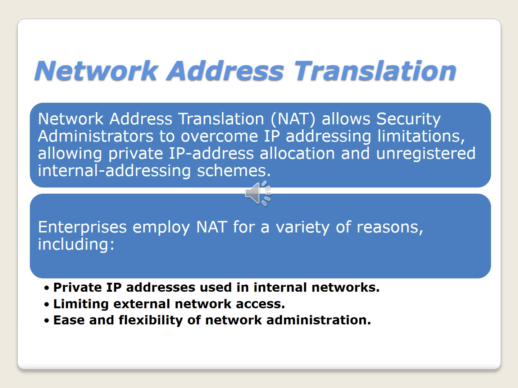Static NAT. Static NAT is a one-to-one relationship where each host is translated to a unique address. This allows connections to be initiated internally and externally. An example would be a web server or a mail server that needs to allow connections initiated externally.